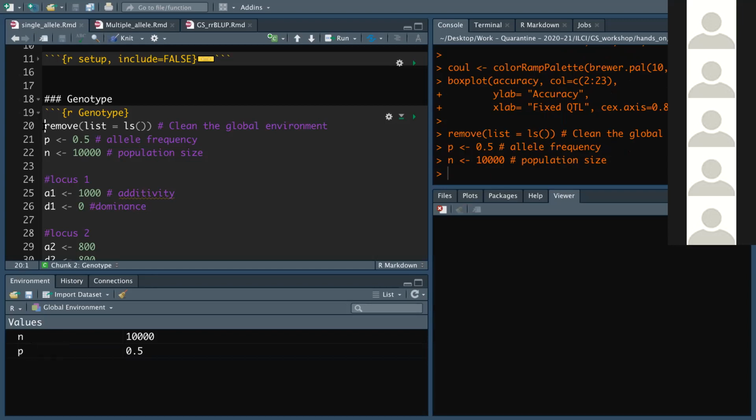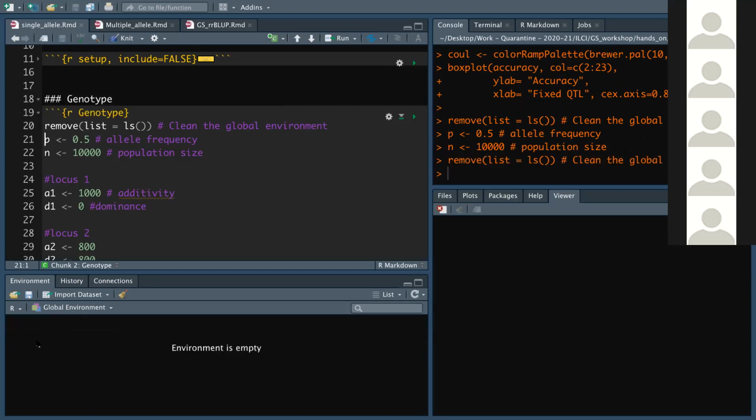With the remove command, I'm going to remove everything, and that is good if you want to start a new analysis, because objects from another R project can make a mess with your data.